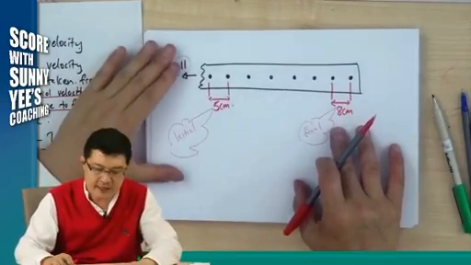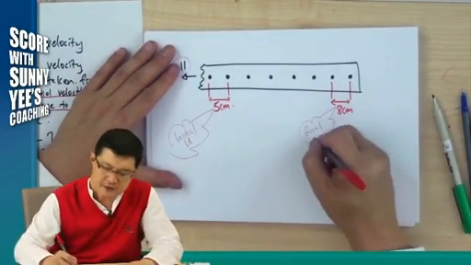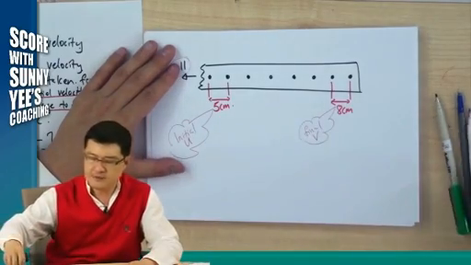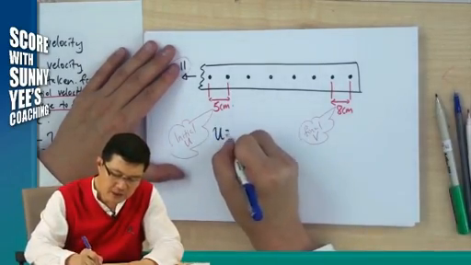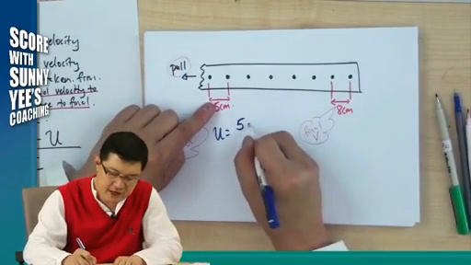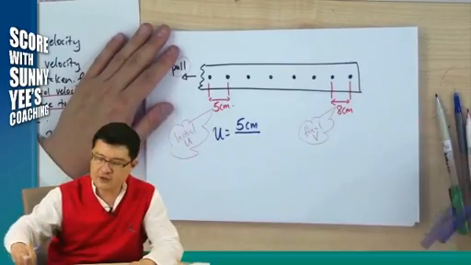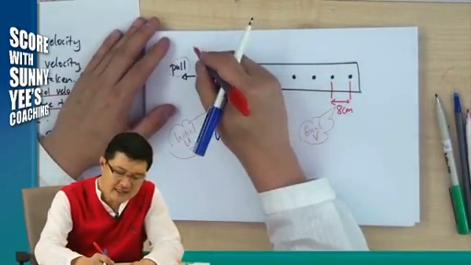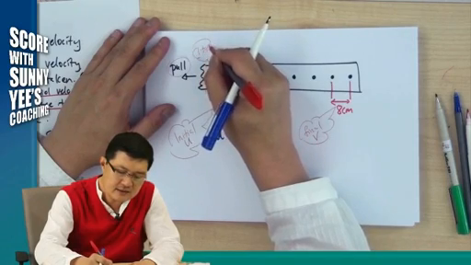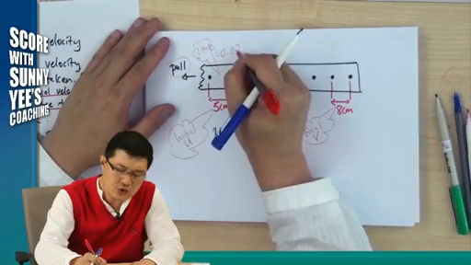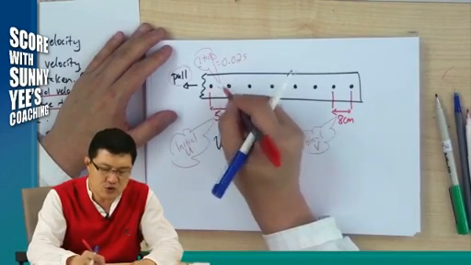So now, next thing is, I know that the symbol for initial velocity is U, and the symbol for final velocity is V. So what is your initial velocity? Your U will be the distance traveled, 5 centimeter, divided by the time taken. Now, can you remember I just told you, one tick takes 0.02 second. A tick means the time between two dots.